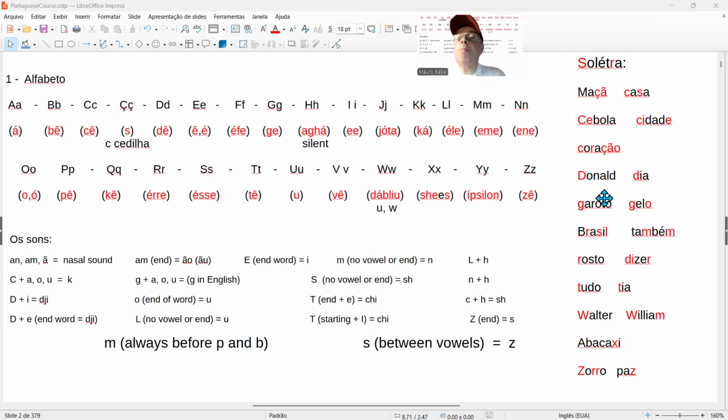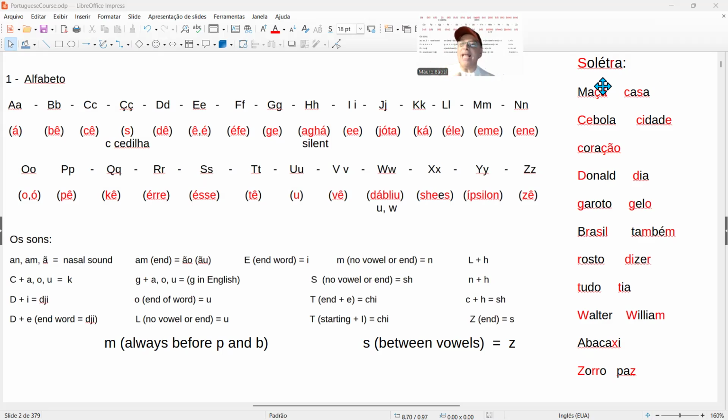The verb to spell, conjugated in Portuguese, the verb is soletrar. Go. Repeat that. Soletrar. Now, we're using it here as an imperative.